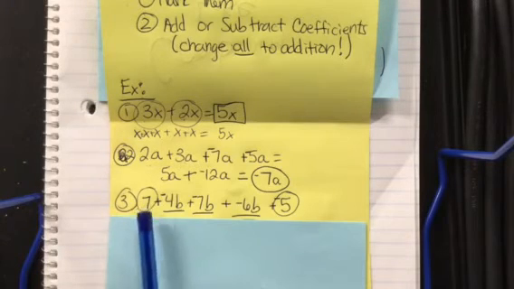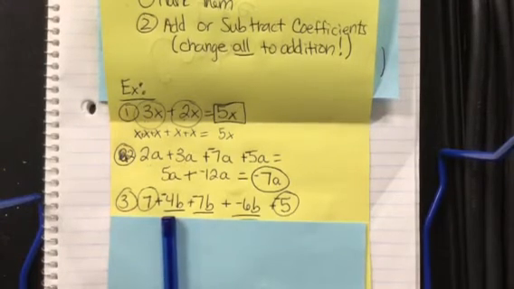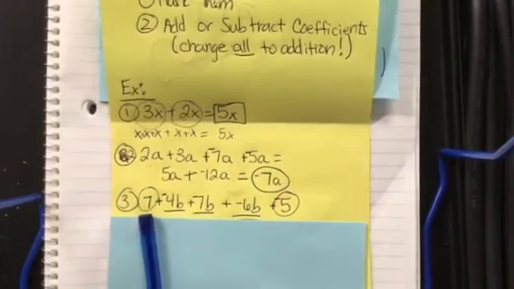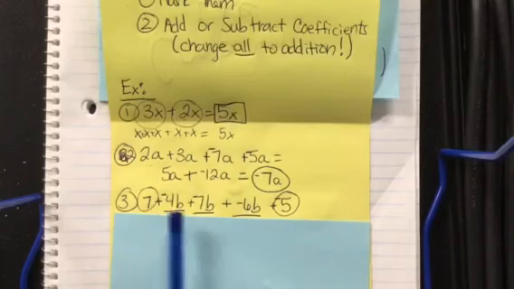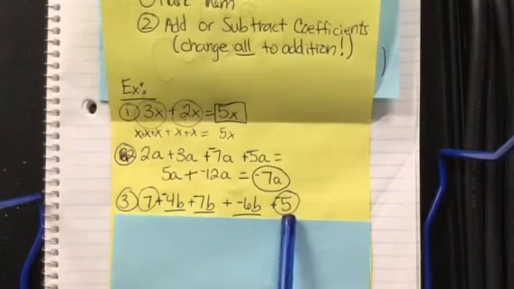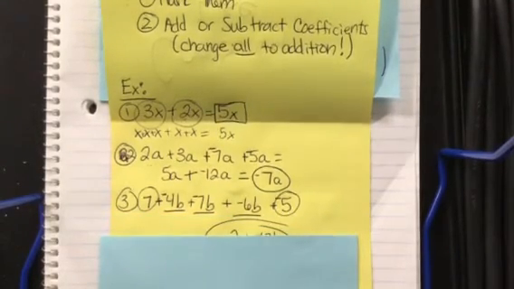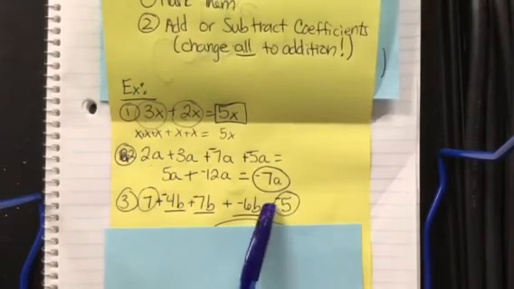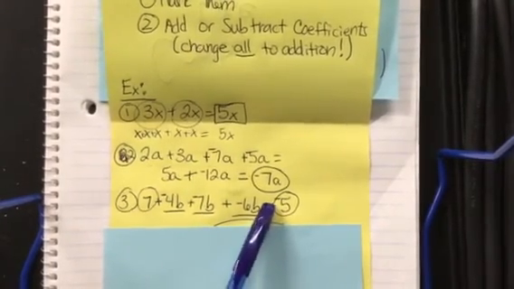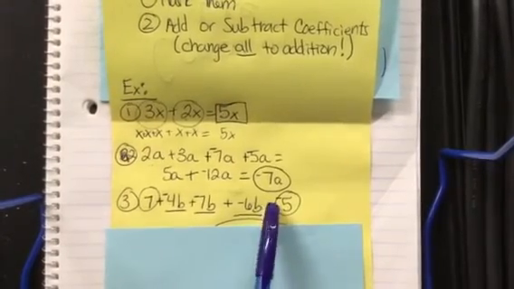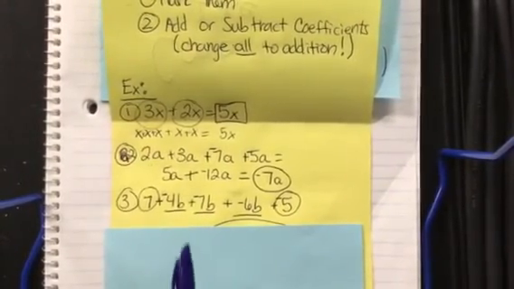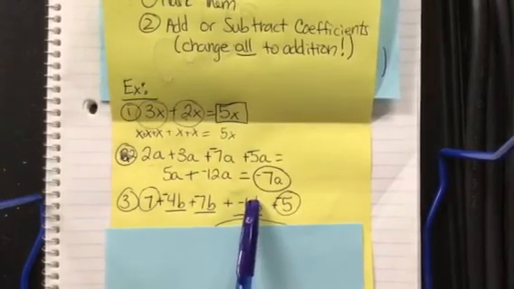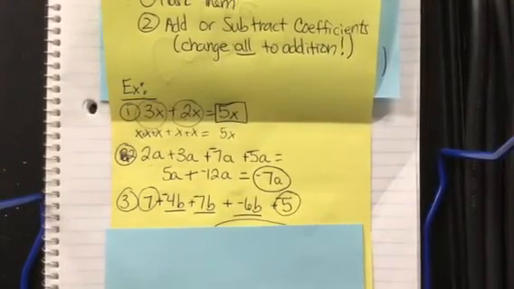Can I combine my 7 with my 4b? Can I combine my 7 with my 7b? Can I combine my 7 with my 6b? Nope. Can I combine my 7 with my negative 5? Yes. So that's why I circled those two, because they are like. The 3 in the middle all have b's, so I can combine all 3. Do you guys agree?